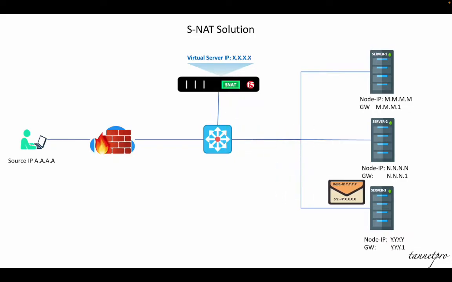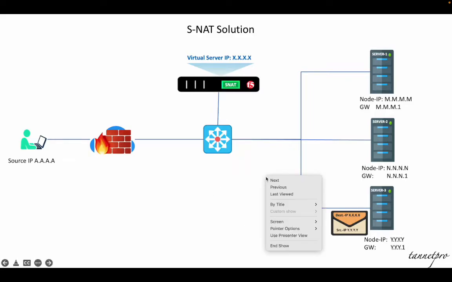Now again you might think your server will receive this packet, right? And your server will send the packet to xxx, whereas its gateway is y.1. But try to understand this part, very important for the S-NAT, or to avoid asymmetric routing.